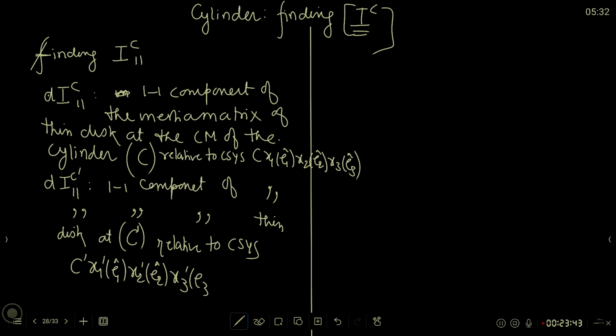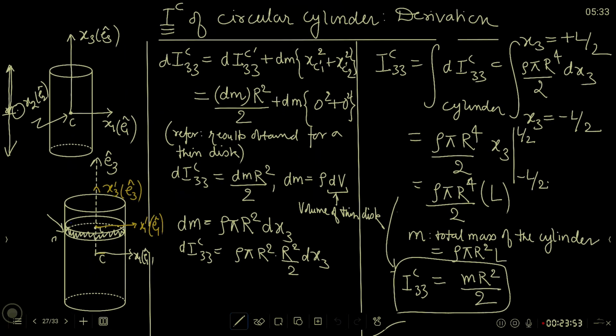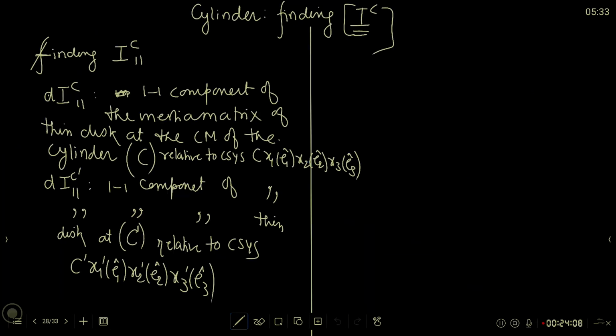The coordinate systems are also different. So when I talk about dIC'11, I am referring to the yellow coordinate system. When I talk about dIC11, no prime, then I refer to this coordinate system. Important differences as far as the concept is concerned.